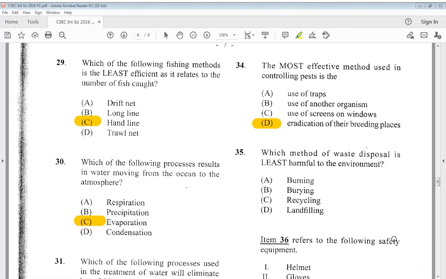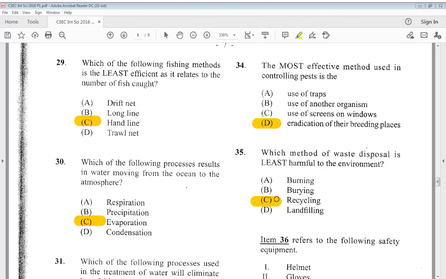35 says, which method of waste disposal is least harmful to the environment? A. Burning. B. Burying. C. Recycling. Or D. Landfilling. That would be C, recycling.